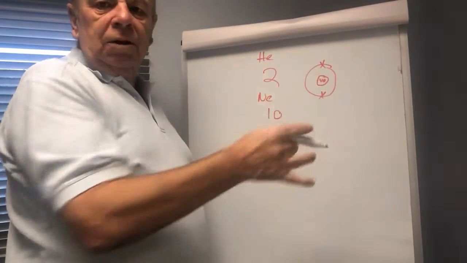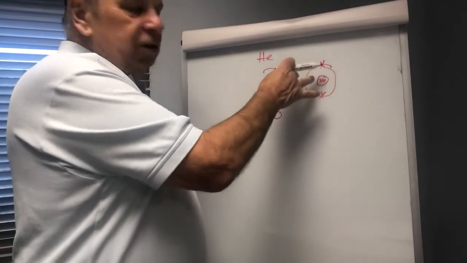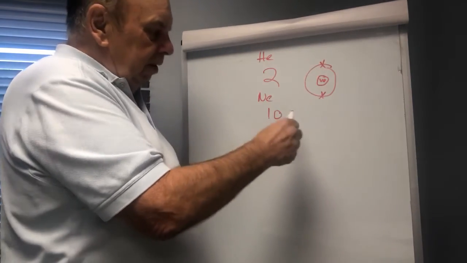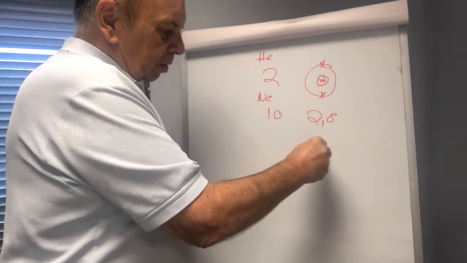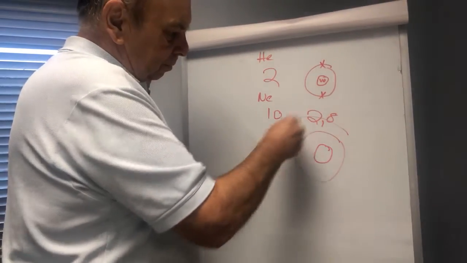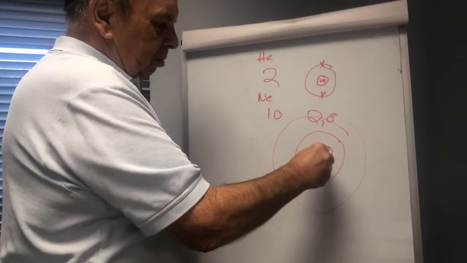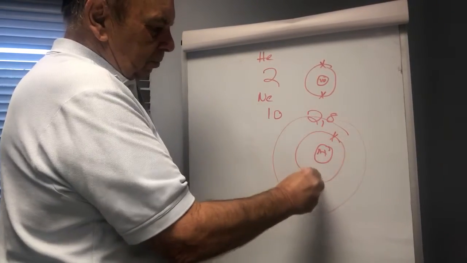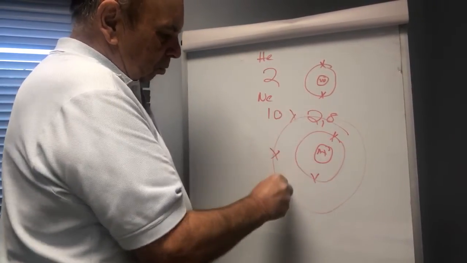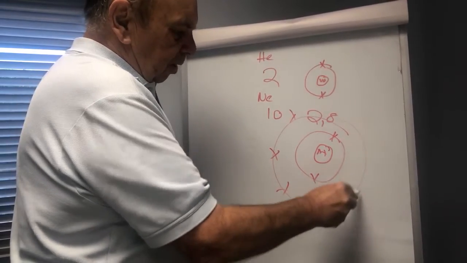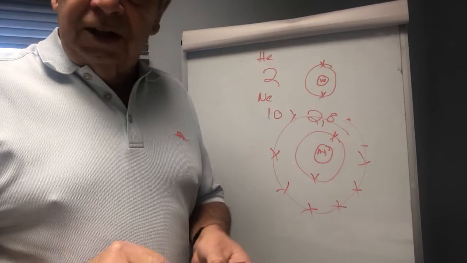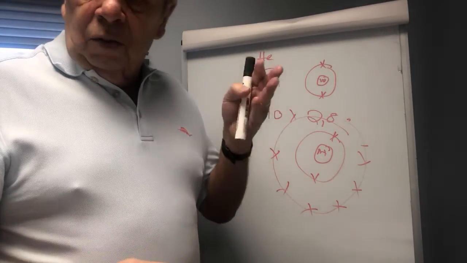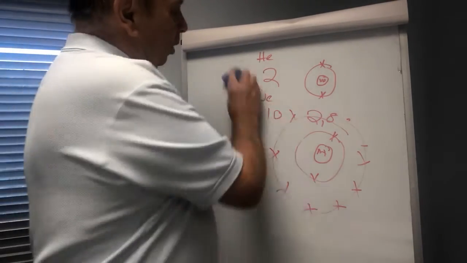That outer shell can only contain 2, so it's full, unreactive. Neon, 10, is 2, 8. There's the nucleus again. Nucleus, positive, 2, 8. It's full, unreactive. It does not want to gain or lose electrons.